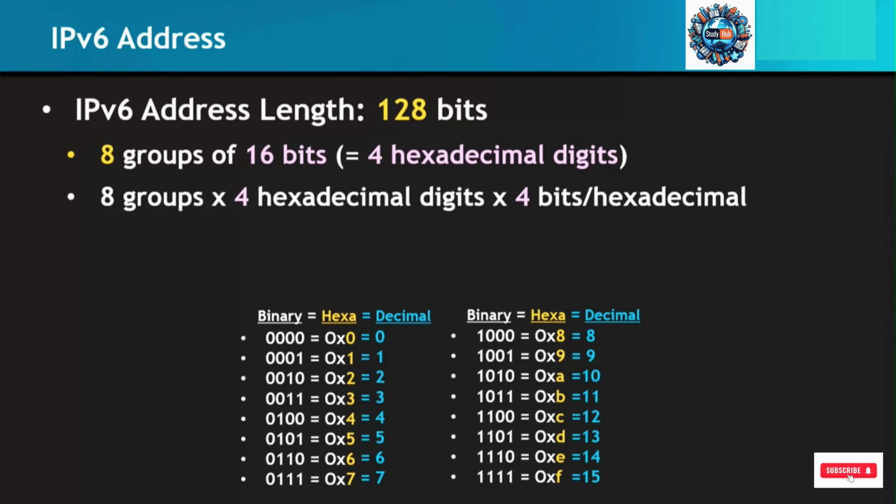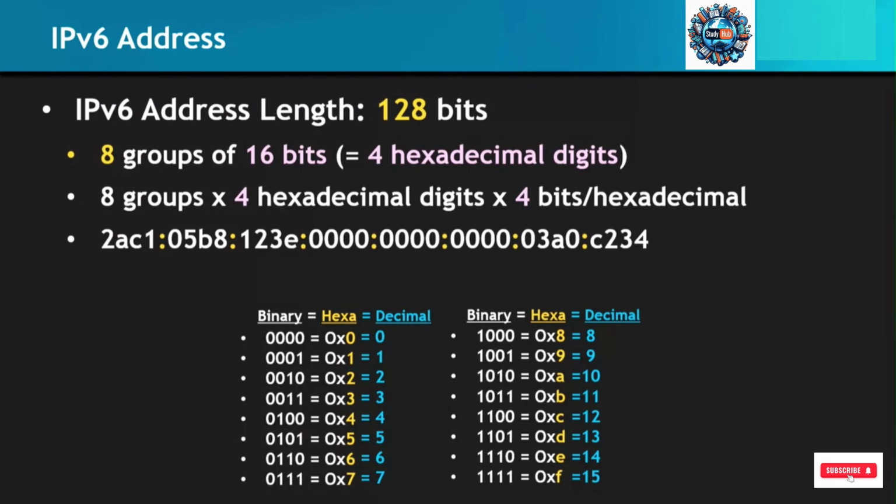Once again, to review, the binary to the hexadecimal number to the decimal number are represented at the bottom. For an example, an IPv6 address is shown here, where you can see we use the colon to separate 8 groups, and in each group there are 4 hexadecimal digits represented. Each hexadecimal digit is 4 bits in binary, so therefore between each colon we have 16 bits.